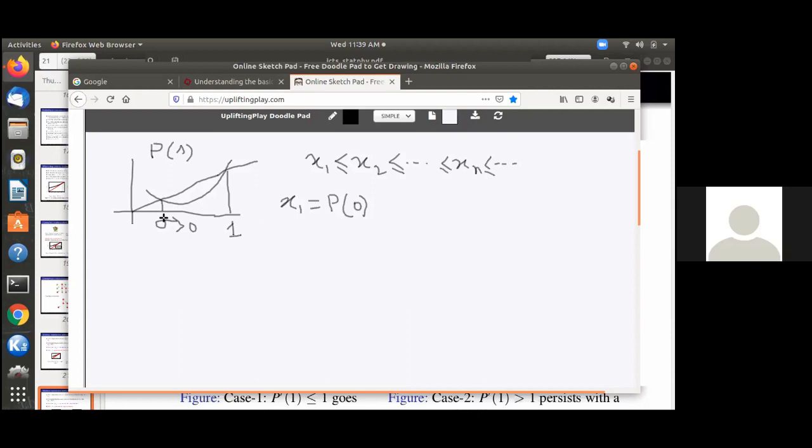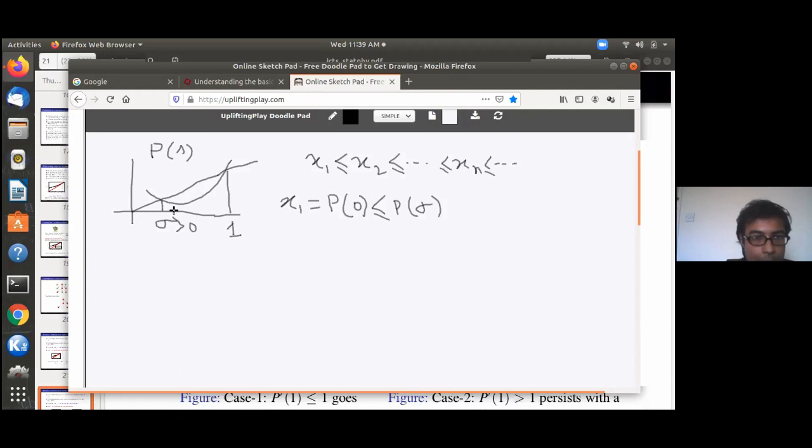Now we have seen that there is an intersection at a point sigma where sigma is greater than 0. Correct? Since P is an increasing function, P(0) must be less than or equal to P(sigma), because sigma is greater than 0.